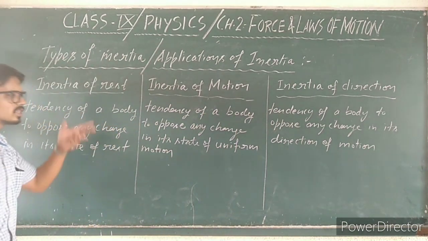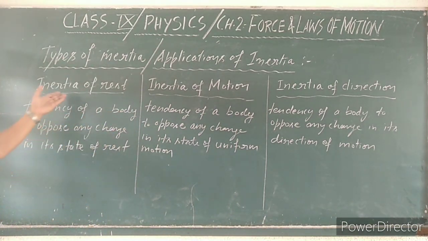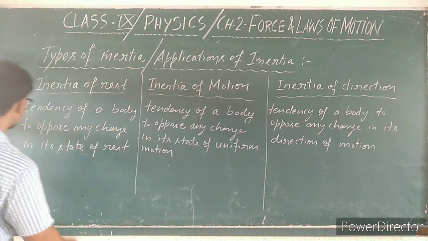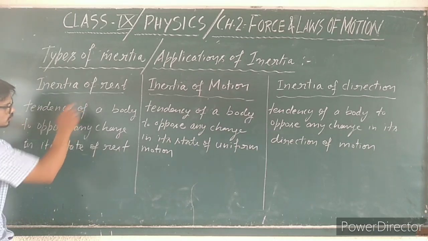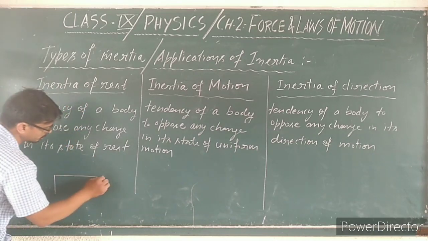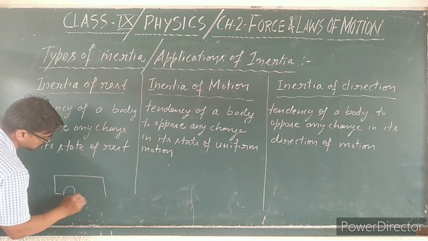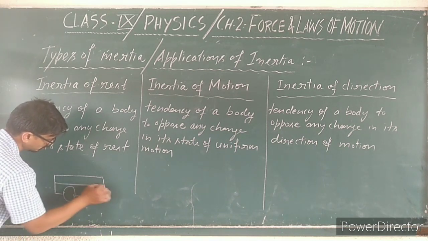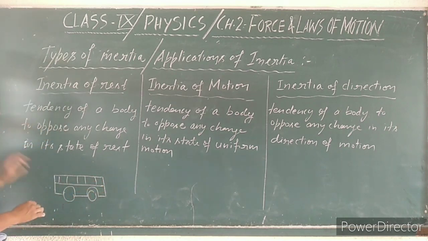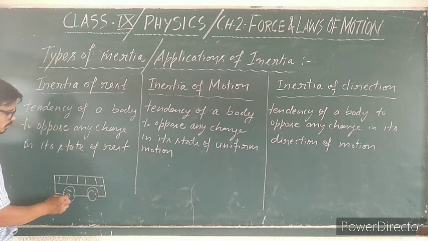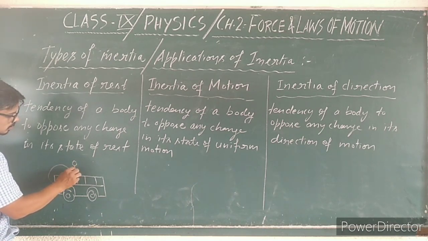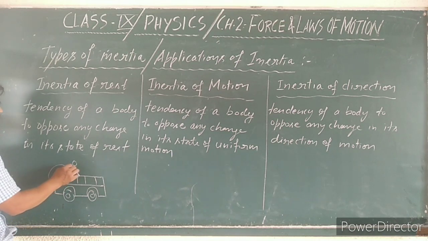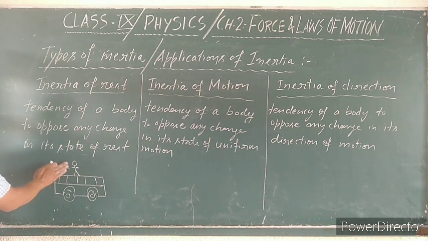So, with some examples, we can explain this inertia of rest, motion, and direction. Example number 1, for inertia of rest. Suppose this is a bus, a fully crowded bus. There is no space inside the bus. Now a passenger is traveling on the top of the bus, in a standing position. Initially the bus is at rest.